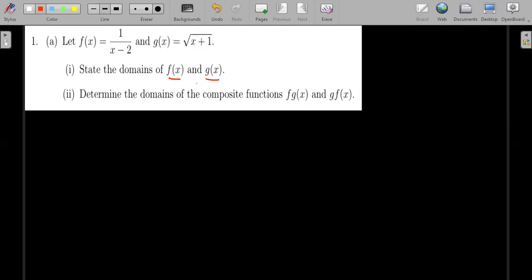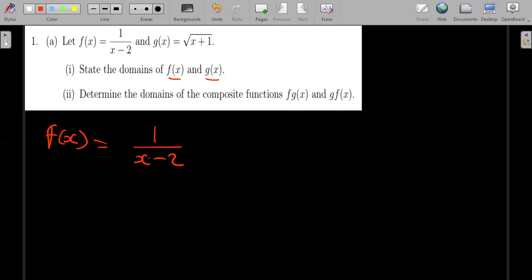To state the domain of a function, we first have to identify what kind of function it is. This function f of x has been given in the form of a fraction, because I have a numerator and a denominator, so we call it a rational function.